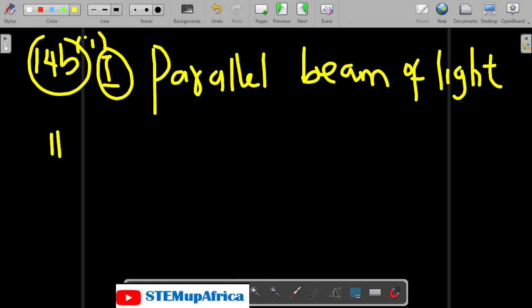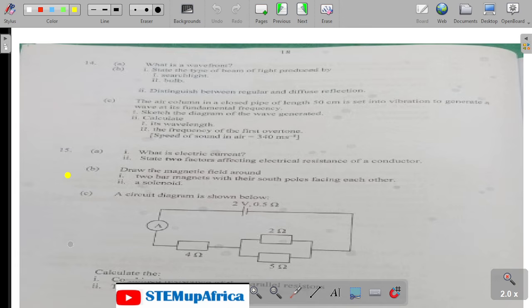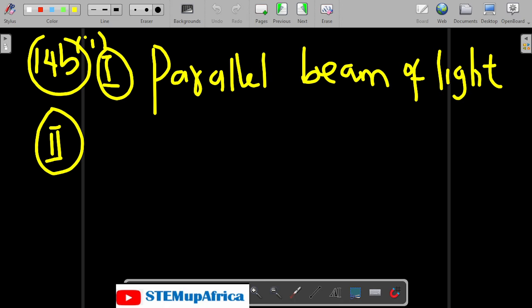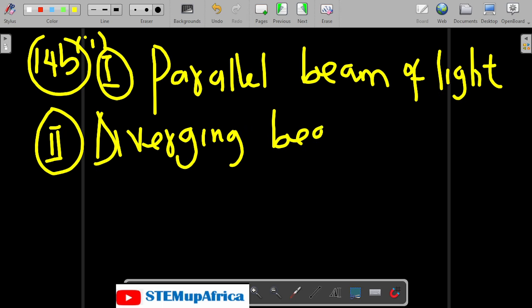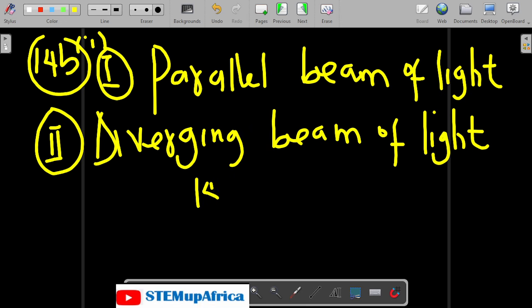Then numeral 2, the bulb: the bulb produces a diverging beam of light.